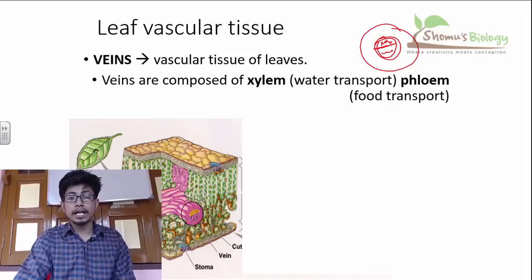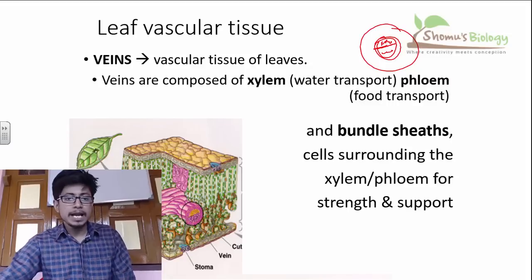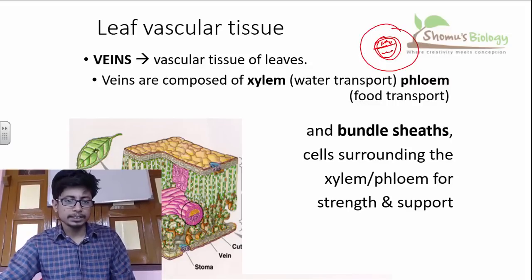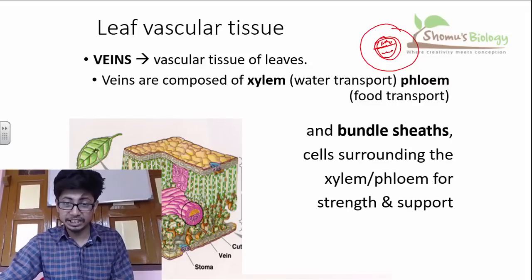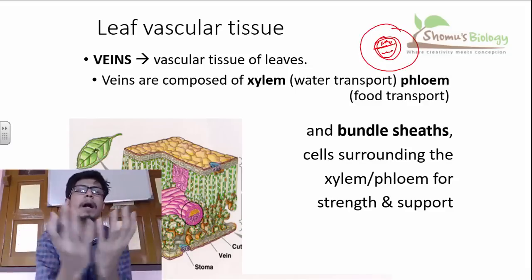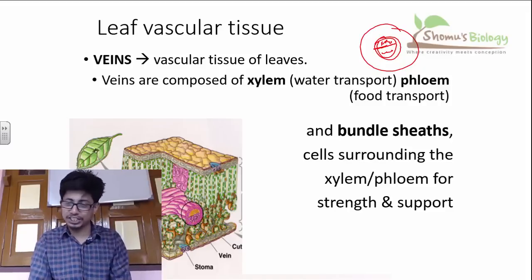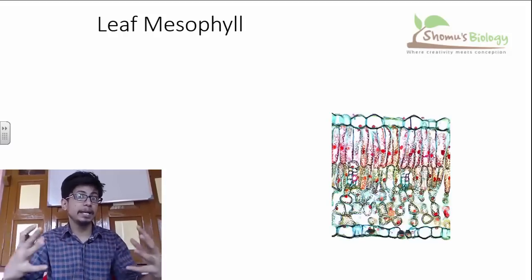Veins are composed of xylem and phloem. Xylem carries water, and phloem is for food transport. And these are the bundle sheath cells, because they surround the xylem and phloem to make a bundle of vascular cells. They provide strength as well as support, and they organize xylem and phloem together.